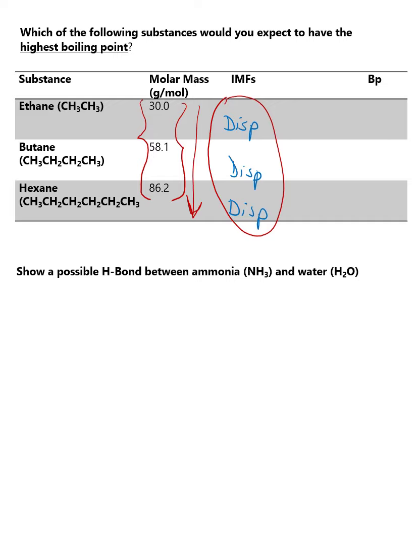So this problem looks very similar to the first one that we did looking at the boiling point. The difference between this problem and the previous one where you were looking for the boiling point too is that for that one you had different types of intermolecular forces and we were determining the highest boiling point based on the strongest intermolecular force present in your compounds.